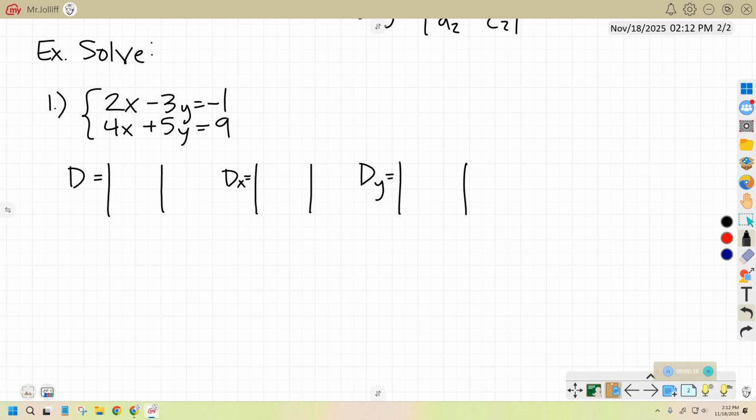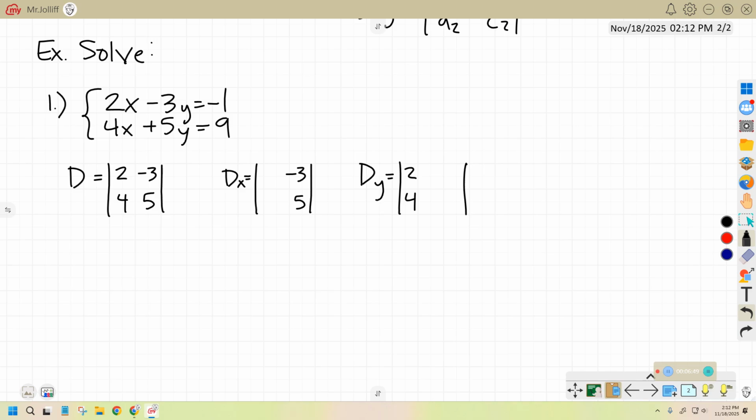So I'm looking at the stuff on the left, 2, -3, 4, and 5. You see nodding, good. For dx, the x column is going to change, the y column will stay the same. For dy, the y column will change, the x column stays the same.